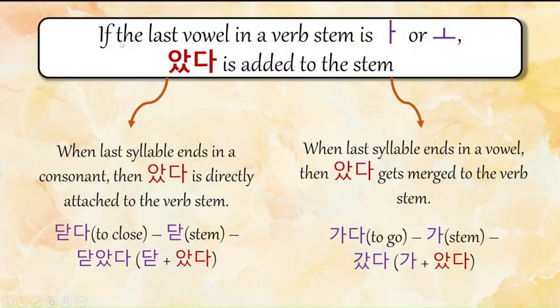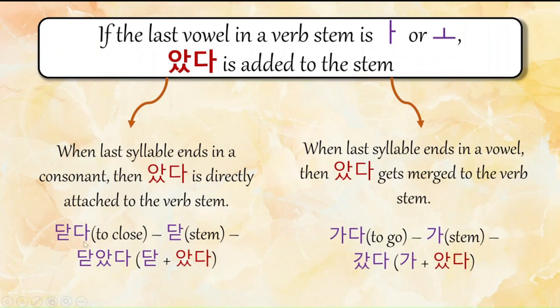So first case is if the last vowel in a verb stem is either a or o, then you have to add atta to the stem. Now the case comes if the stem ends in a consonant or if the stem ends in a vowel. So when the stem ends in a consonant, then you have to attach atta directly to the verb stem.